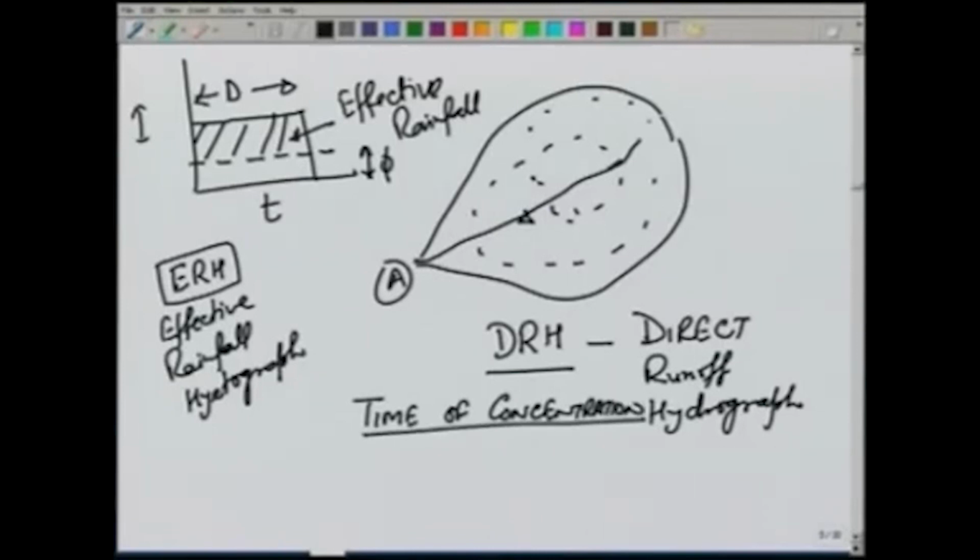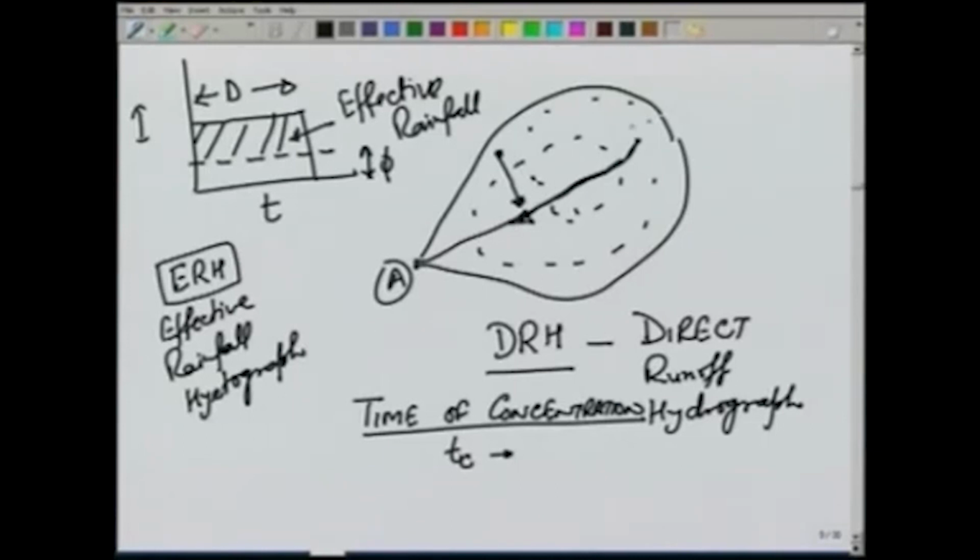Now, this time of concentration, typically denoted by Tc, is the maximum time it takes for a drop of water anywhere on the catchment to reach the outlet A. Now, if we look at this catchment area, which let us say does not have any tributaries, so there is just one main channel and there is no tributary to this channel, then a water drop falling on this point will first move over the land and then join the stream.